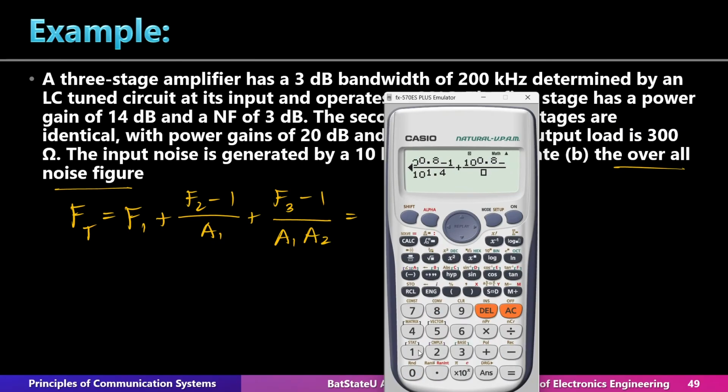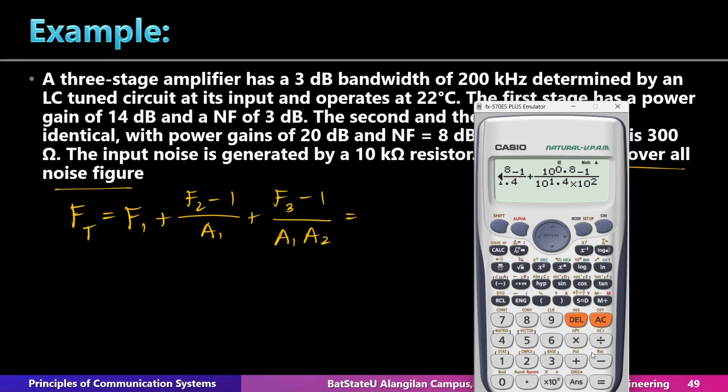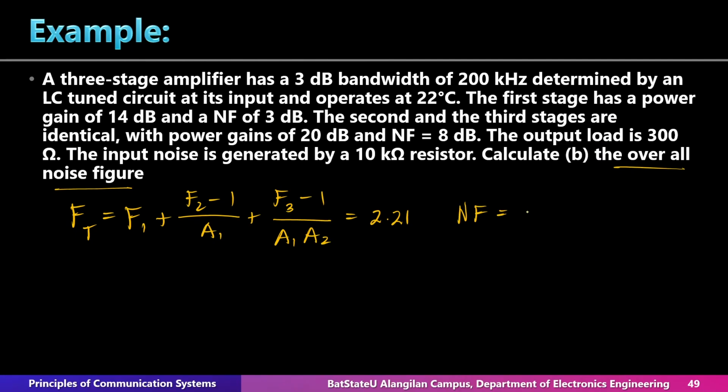Paminusan mo ng 1 divided by yung gain ng unang stage, 10 raised to 1.4 times yung gain ng pangalawang stage, 10 squared. Okay. Pag kinumpute natin 2.21, no, ang noise factor, 10 log of the answer, we have 3.44. Sagot dito. 3.45. Hindi naman nagkakalayo. Siguro rounding off lang yun. Ano po? So, nakuha na natin.